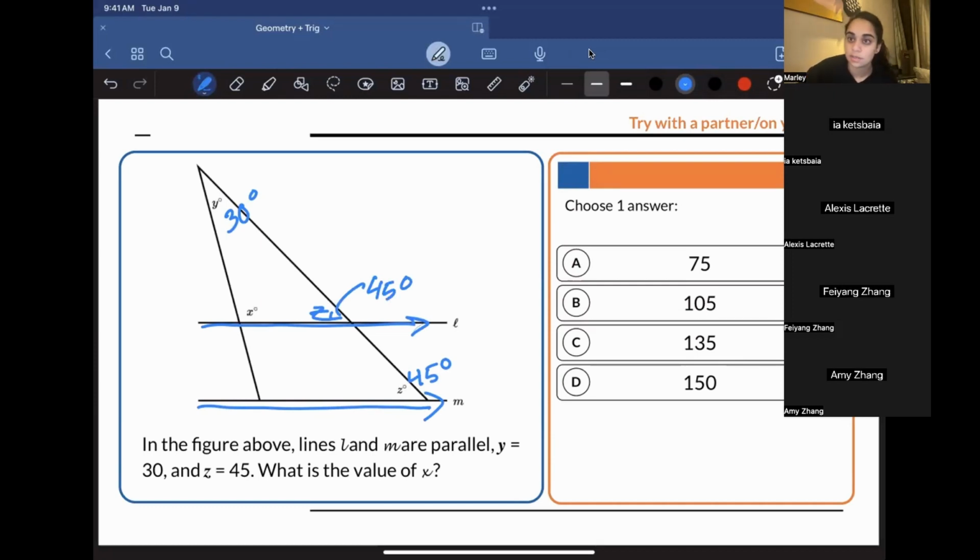So the equation to find x would be 180 degrees equals 30 plus 45 plus x. 30 plus 45 is 75. So we subtract 75 from both sides and we get 105 degrees equals x.